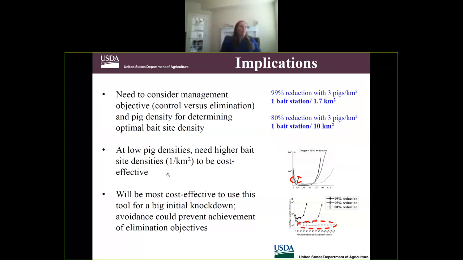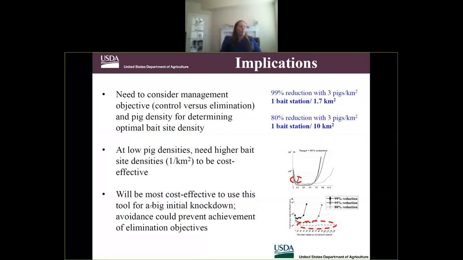And then we saw at low pig densities, you need higher bait site densities. So if you're going to be cost effective in low density populations, regardless of what your objective is, you have to have really densely placed bait sites.